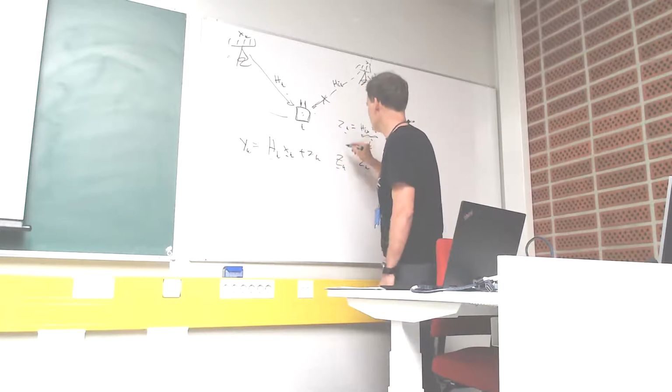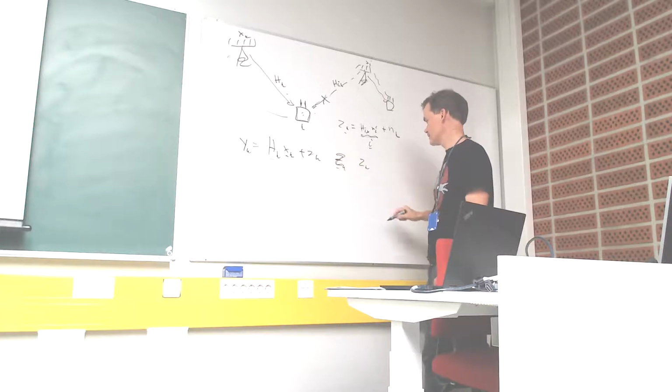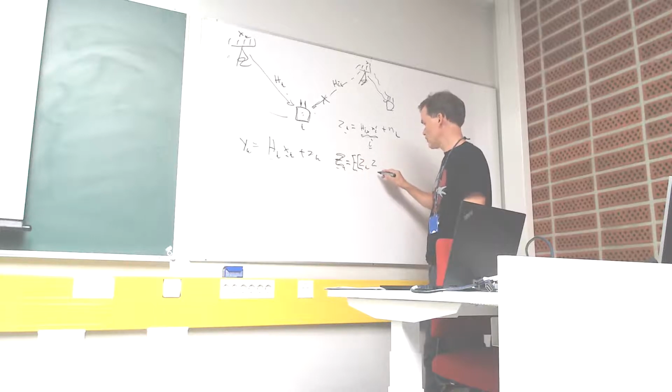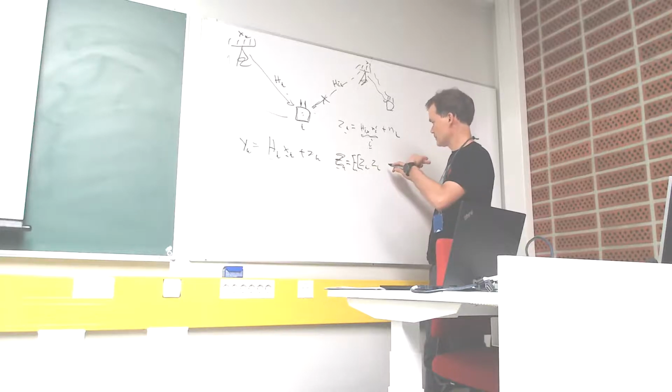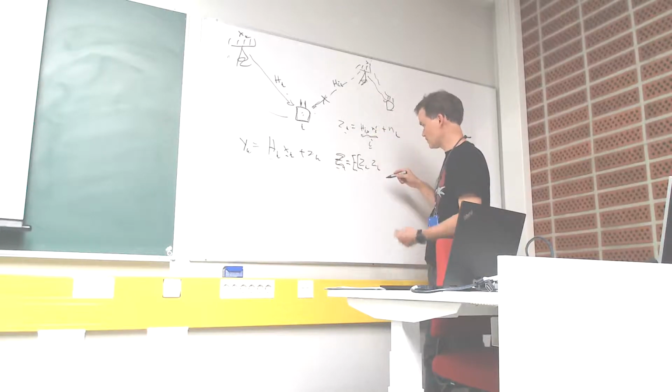Small z, okay, and capital Z. So the covariance matrix capital ZK is simply the expectation over samples, like time samples, of the received noise plus interference.